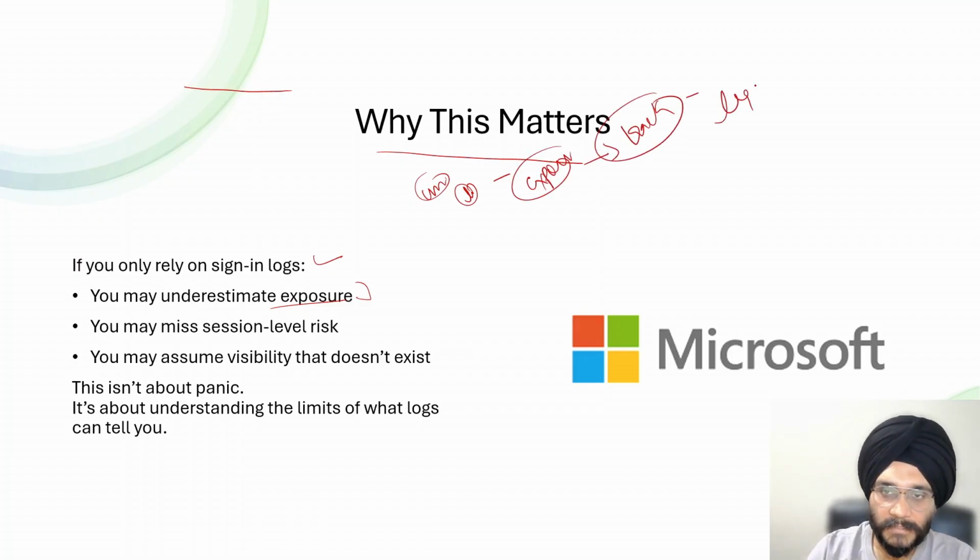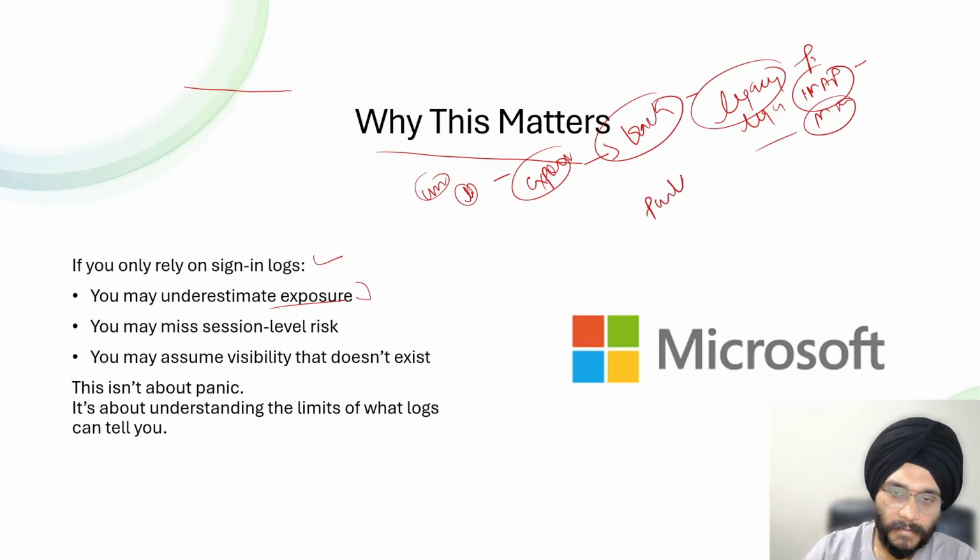Let's say you're running legacy authentication applications. Let's say IMAP does not know how to work with modern authentication protocols. Therefore, you are getting partial logging, and you are underestimating that, and not worrying about it.